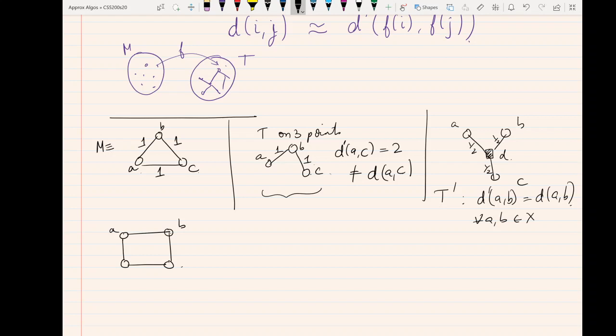You have 4 points. And so the distance between A and C is equal to 2, and the distance between B and D is equal to 2, when all of these distances are equal to 1. Now can we map it to a tree?